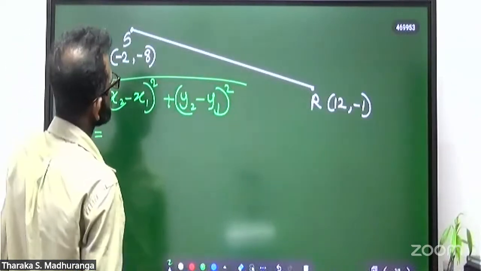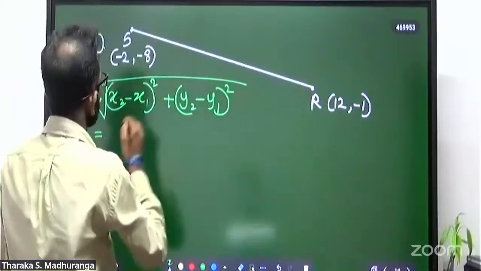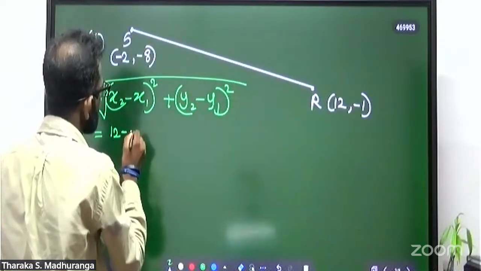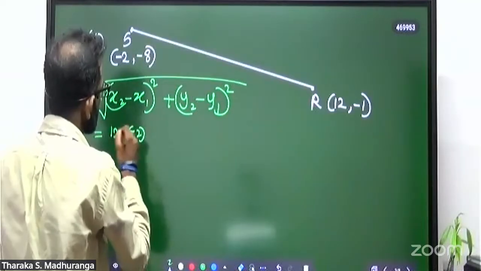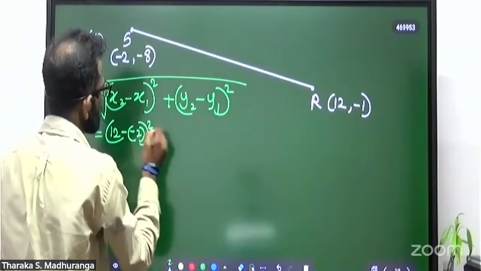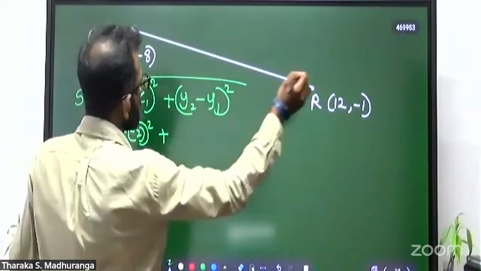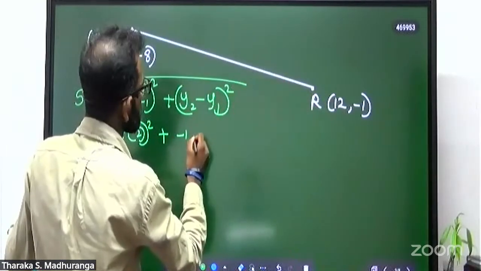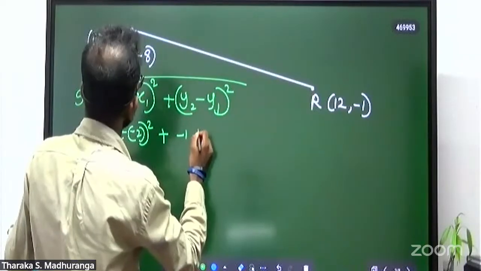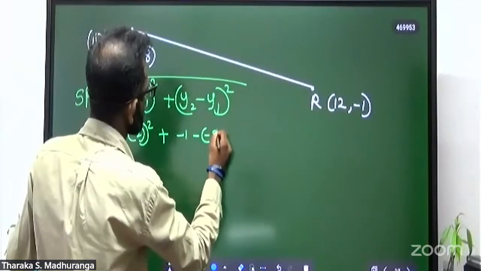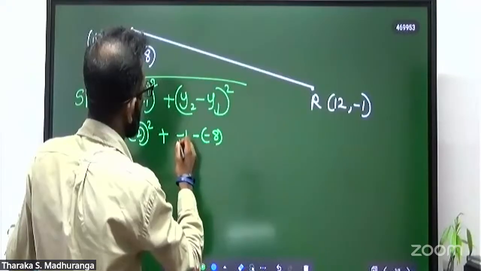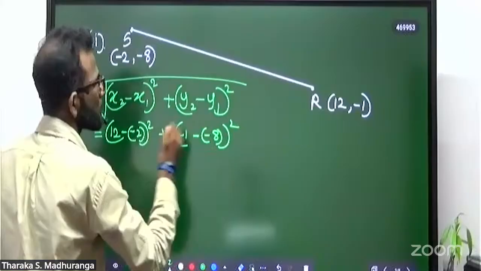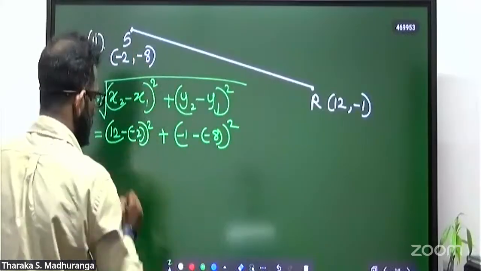X2 minus x1, 12 minus 2, all squared, plus minus 1 minus 8, squared.